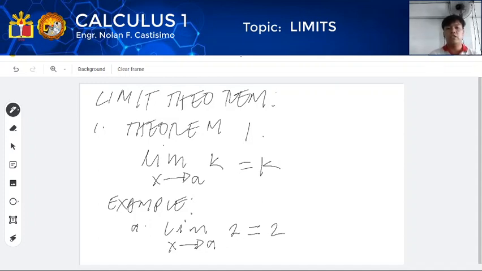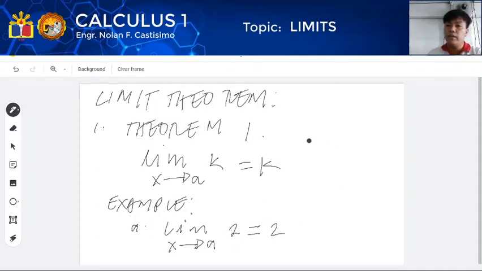Ano mapapansin nyo dyan? Yung 2 natin dito, yun yung K natin sa formula ng theorem 1. Limit of 2 as x approaches A is equivalent to 2. The same. Still, number 2 siya, kasi constant yung 2.